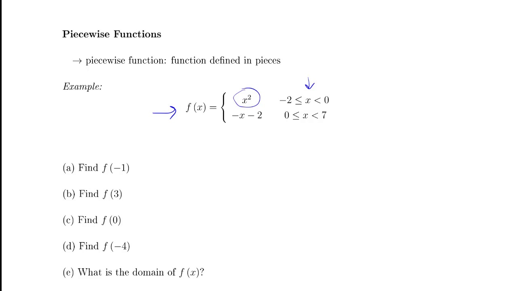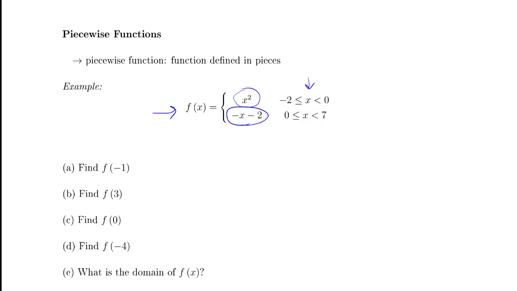Otherwise, if x is between 0 and 7, including 0 but not including 7, I don't do x squared, I do -x minus 2. I only do the version of the function that corresponds to where my x is. So we're going to see when we try and evaluate this function that we have to find out where it is first before we apply a certain rule.